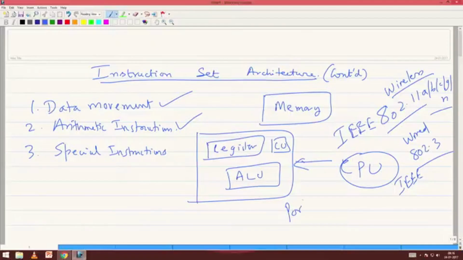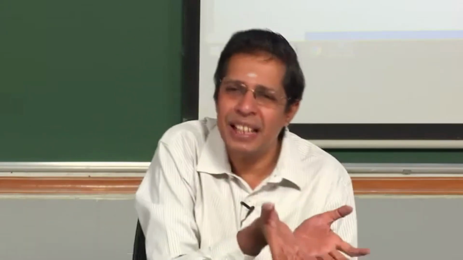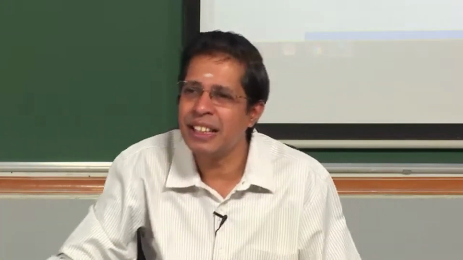Sometimes we call it a portal service. What do you mean by portal service? I am porting one format to another format and vice versa. If some packet comes from the wired network to the wireless network, then I have to convert. So a lot of packet processing functionalities like this form the basis, and you will not see this in a normal processor, you see it in a network processor.